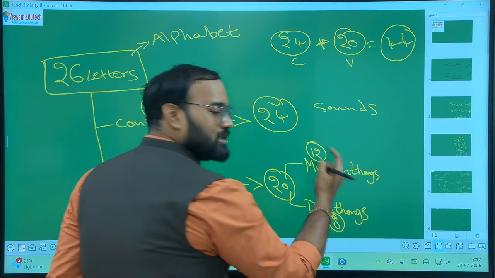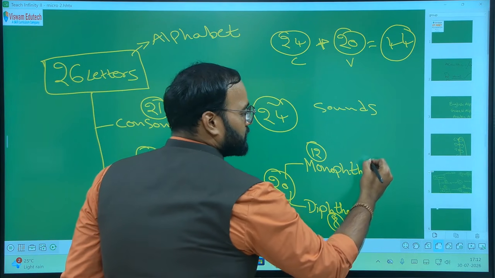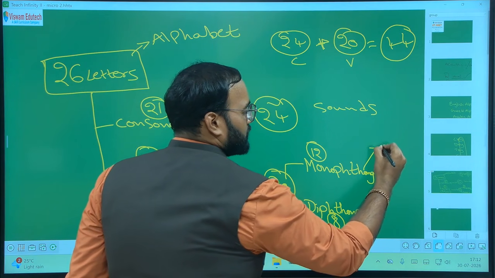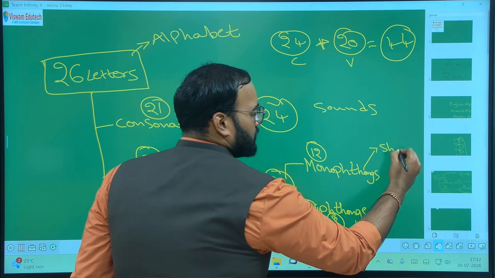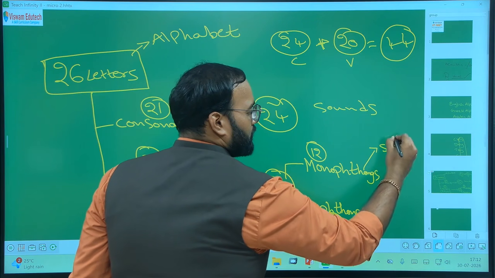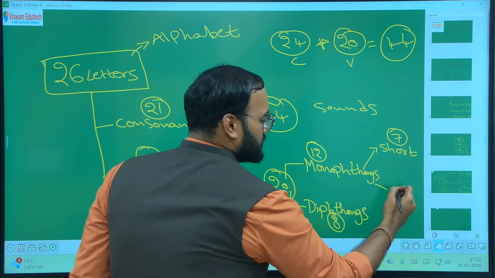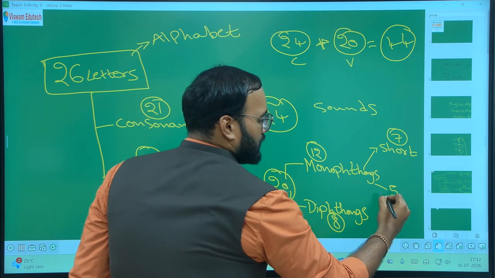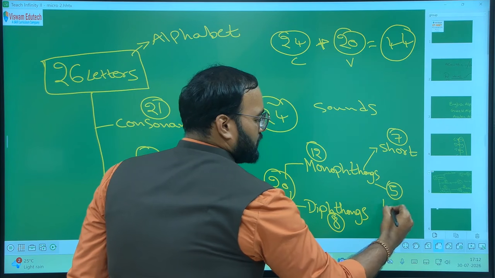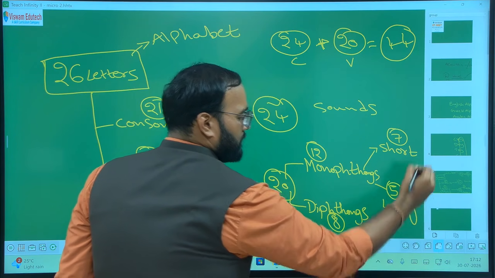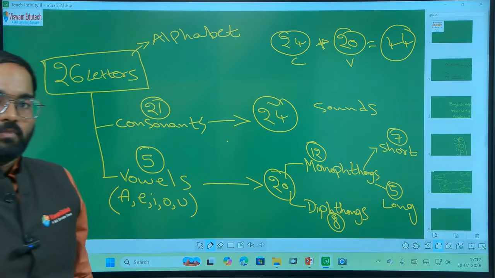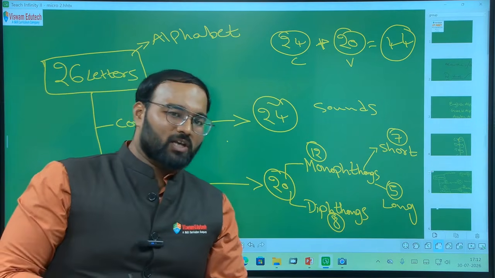So among these 12 monophthongs, we have 7 short sounds and 5 long sounds. So what are short and long sounds?